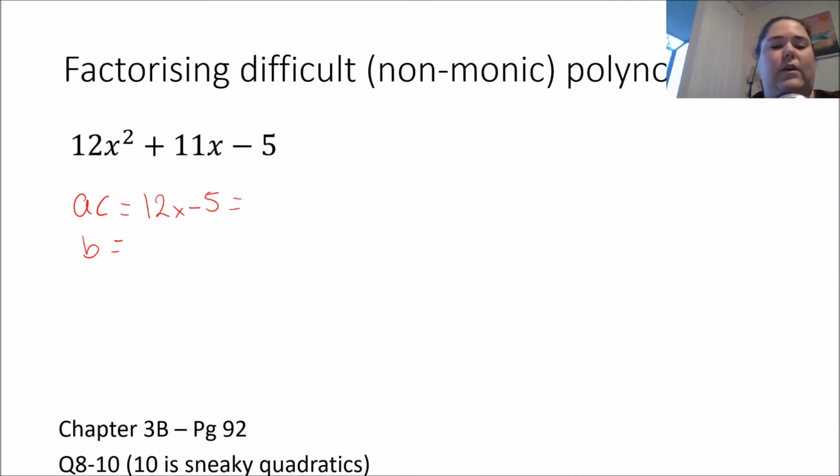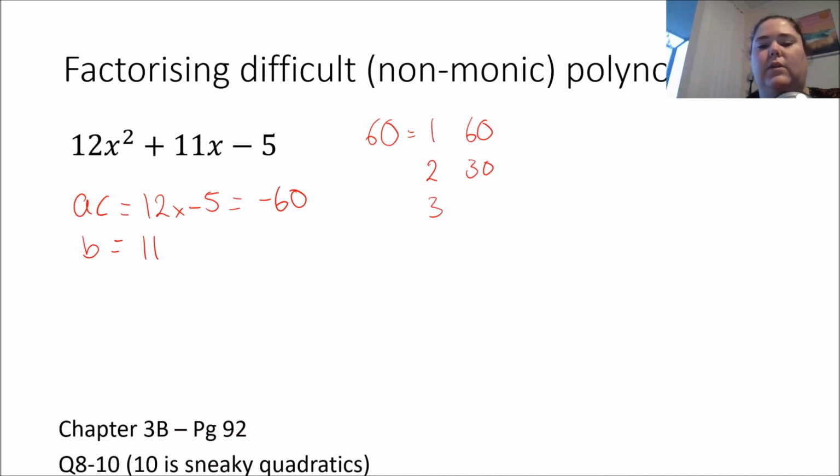All right, so A times C is -60, and B is 11, factors of 60. Okay, so we start with 1, and then you think 2. Does 2 times anything get me there? Yes. 3 times anything? Yes. 4. Yes. 5. 6.